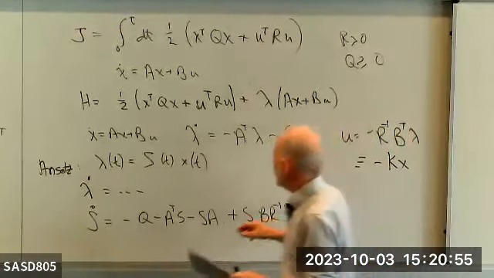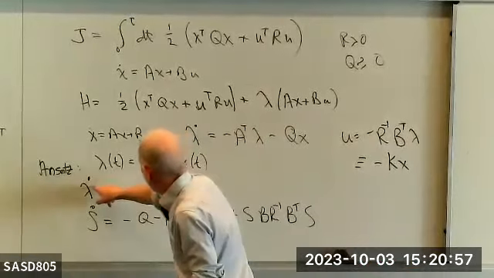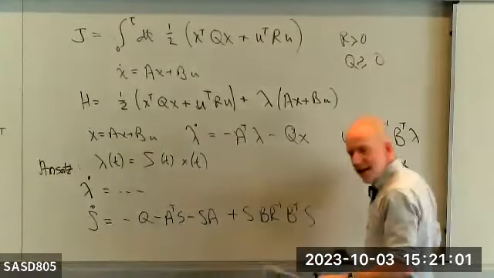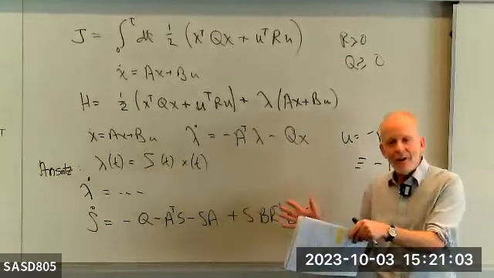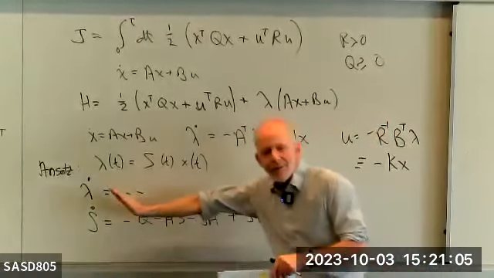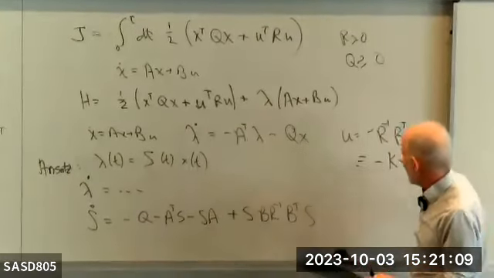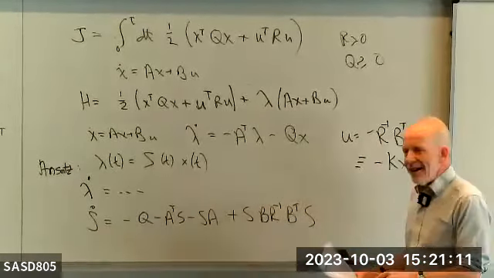What I've done here is put lambda equals S times x, and then you'll get x everywhere. So I factored that out, and this is just the equation that's left from the prefactor.